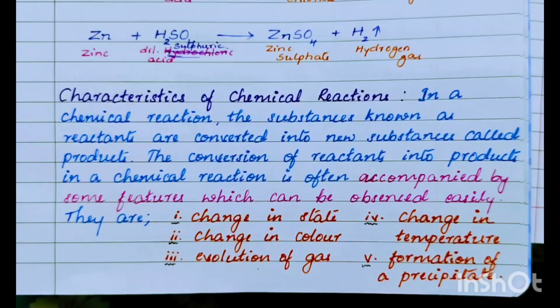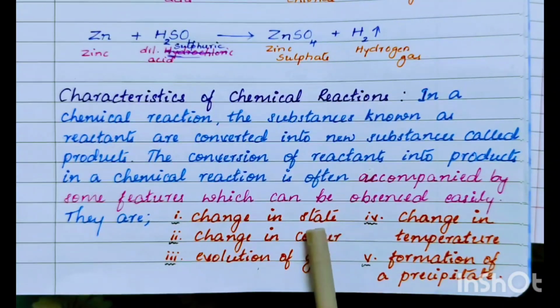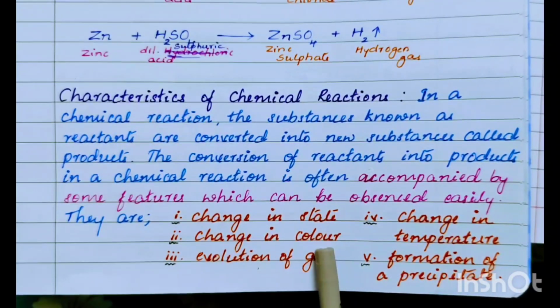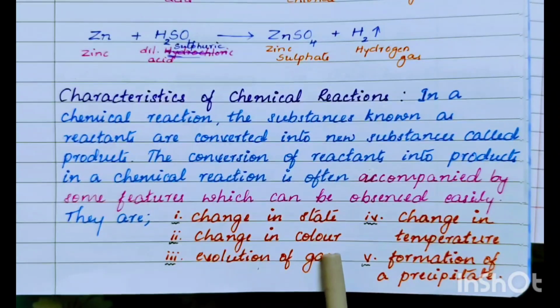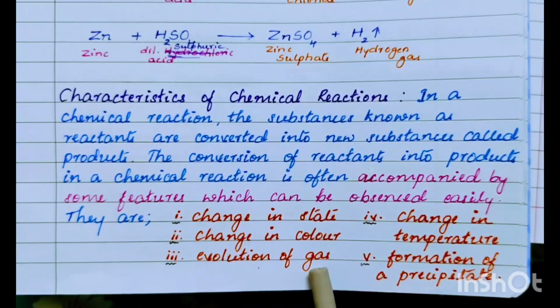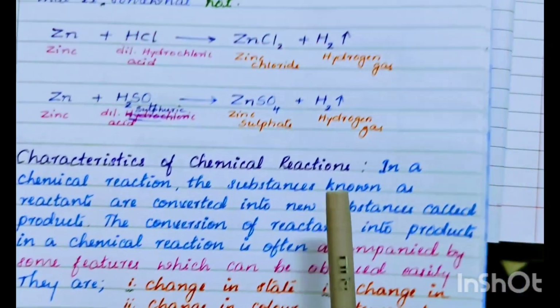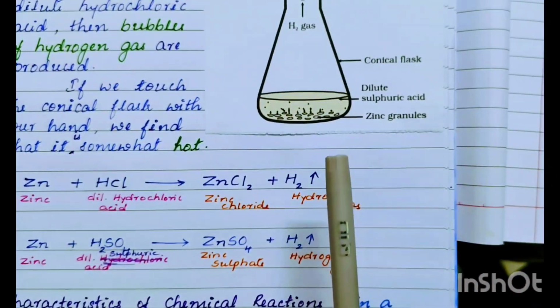Those features are, sometimes the state may change, like from solid to liquid or from liquid to gas. State may change, color may change, like the second activity, where a yellow precipitate formed. Or evolution of gas takes place, like the third activity, where hydrogen gas is formed.